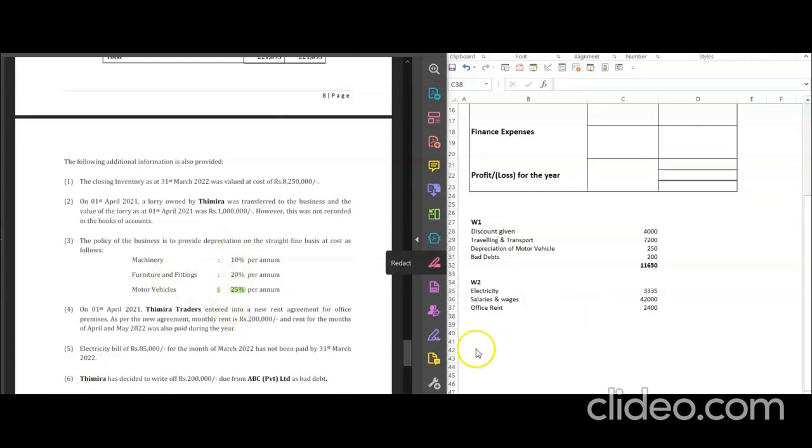So we'll add the depreciation of machinery and depreciation of furniture and fittings. So how to calculate the depreciation of machinery?